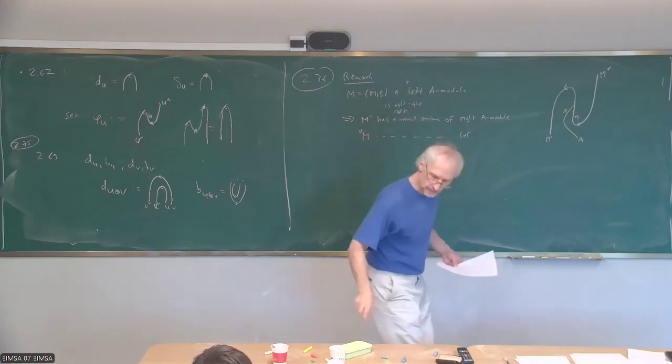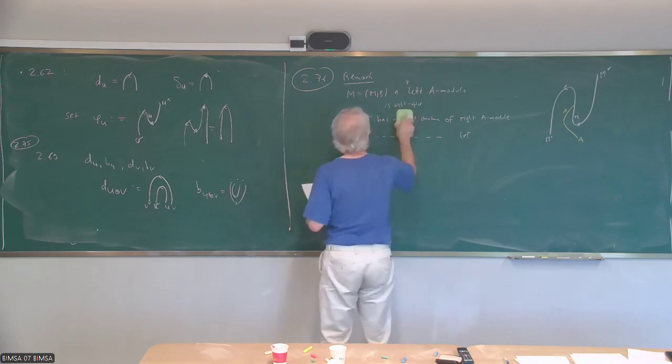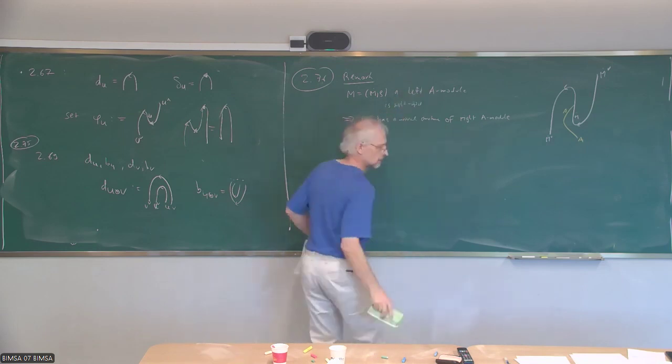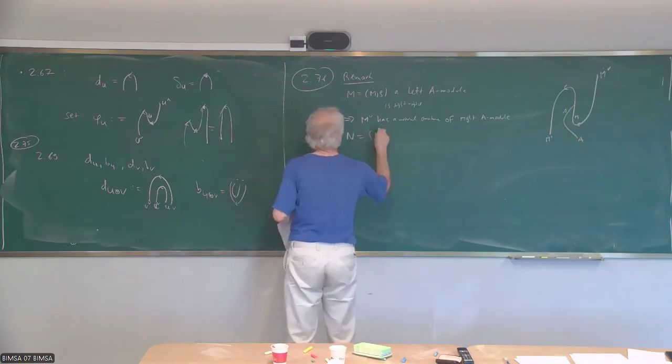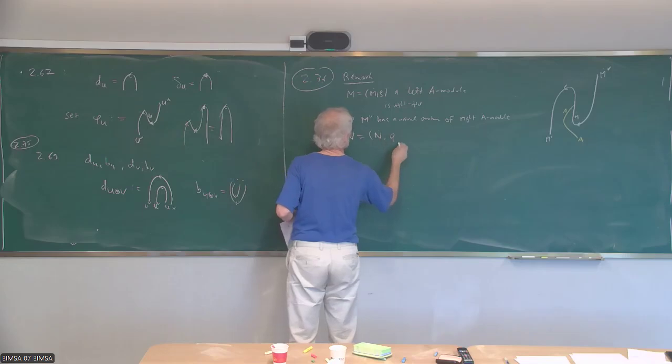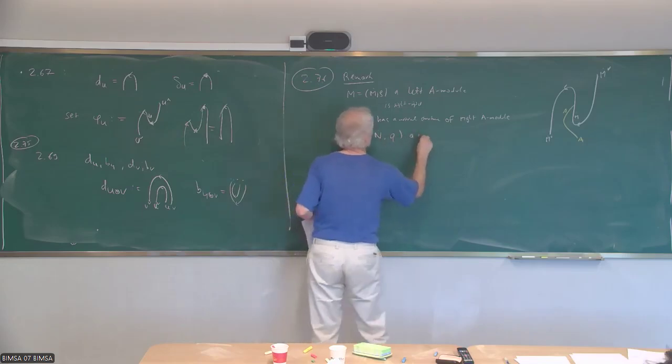I should write that. Say N, with action ρ, is a right A-module.